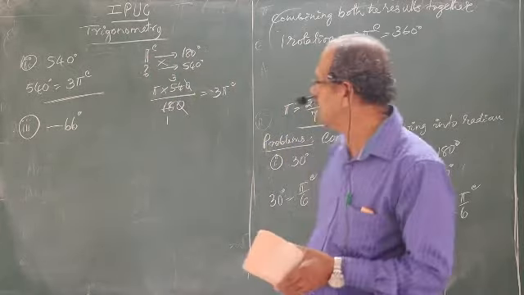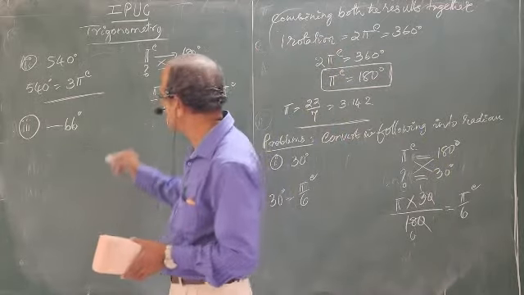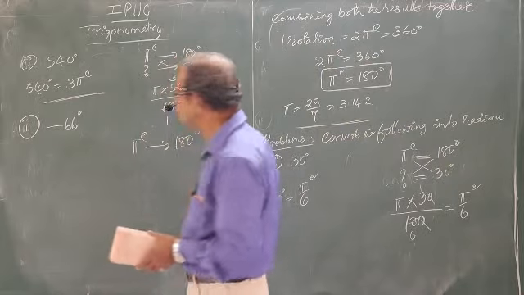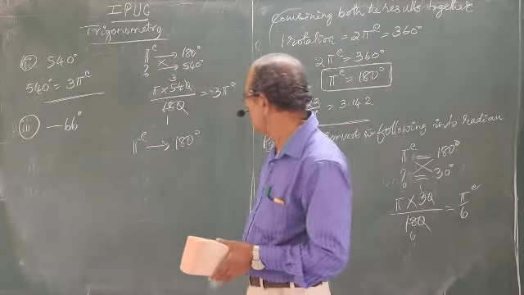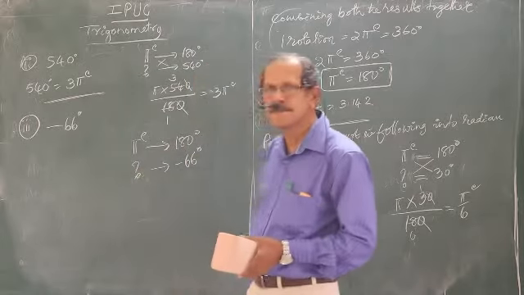Convert the angle minus 66 degree. It is pi radian equal to 180 degree. Minus 66 degree equal to how much?